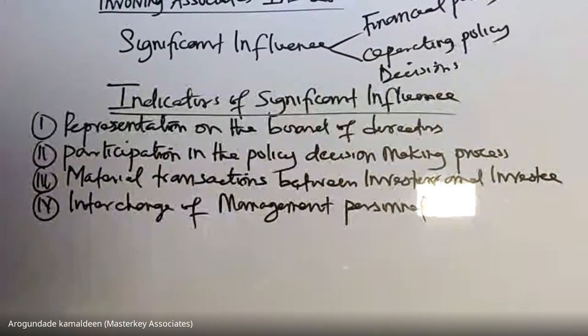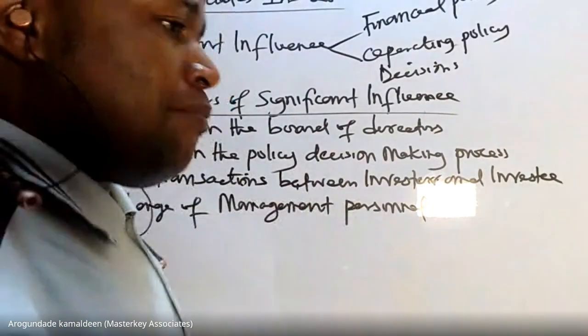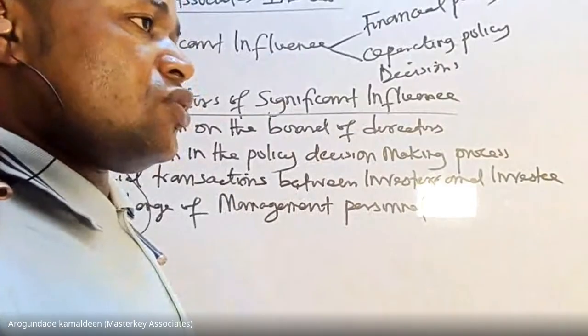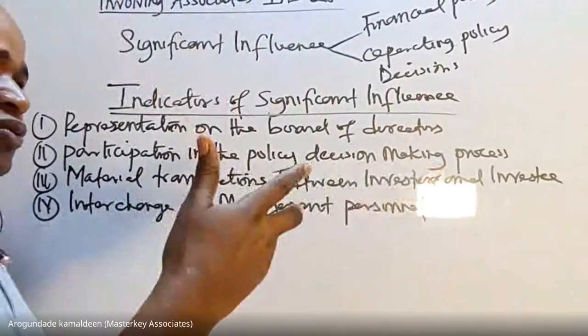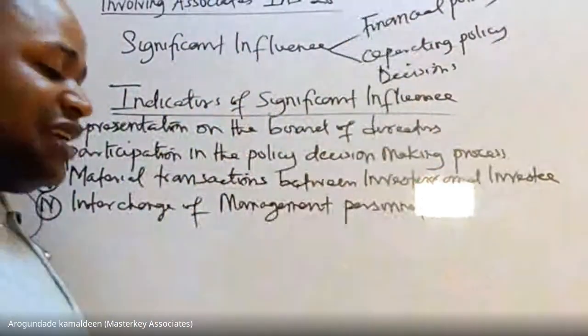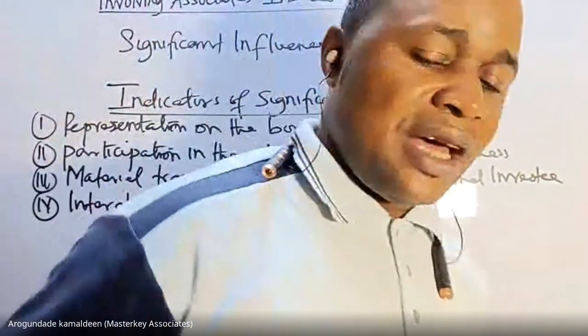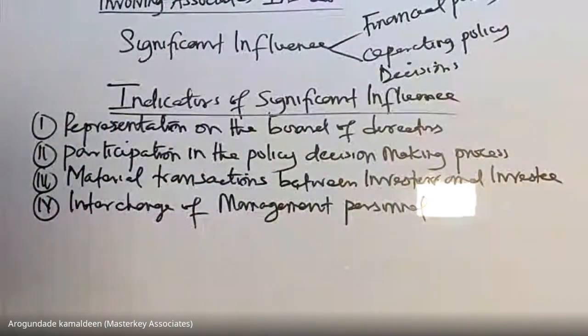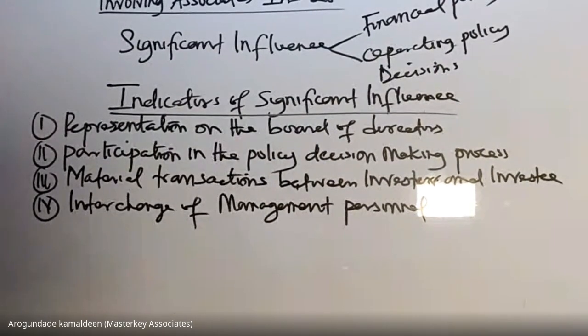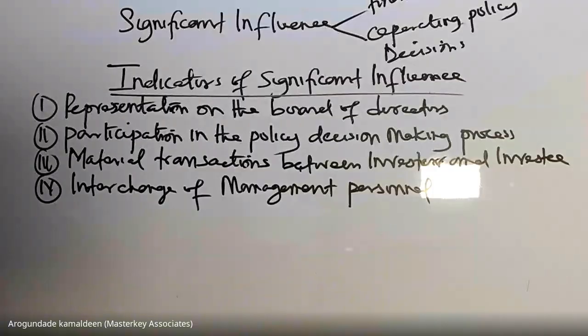So the parent company or the investor, in its wisdom, might have one of its employees who is well experienced in that field. The parent company might send its employee there to help fill the gap, or to train the employees of the associated company. So that is called interchange of management personnel. That talks about the skills. A particular skill might be lacking in the associated company.